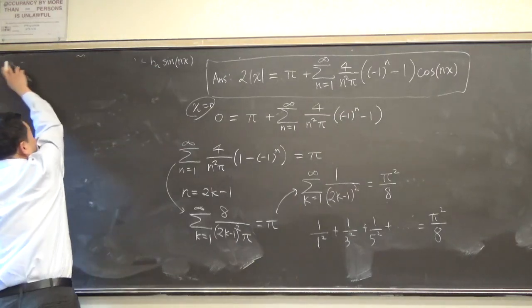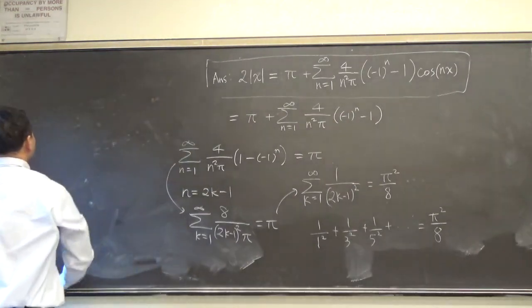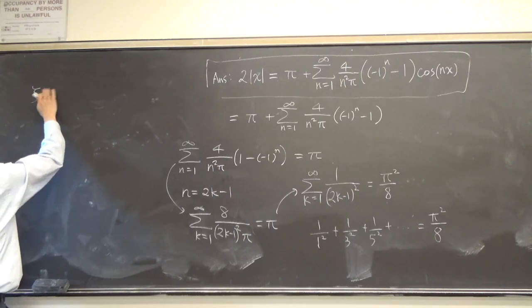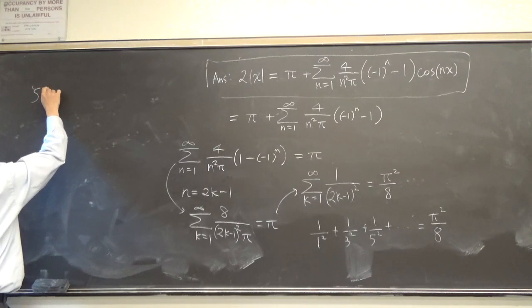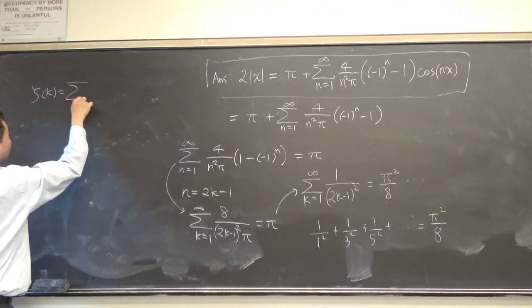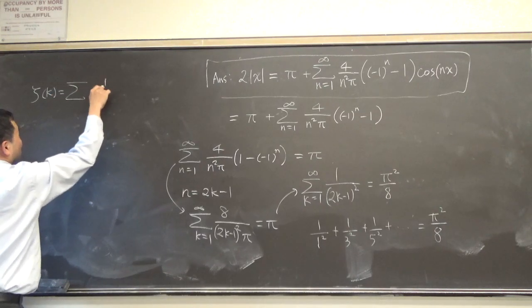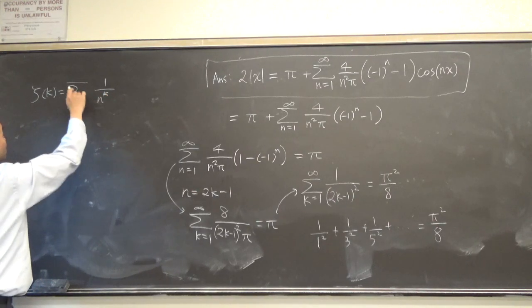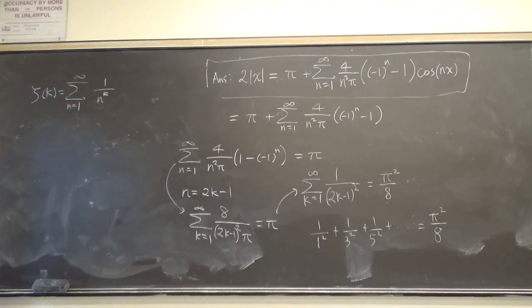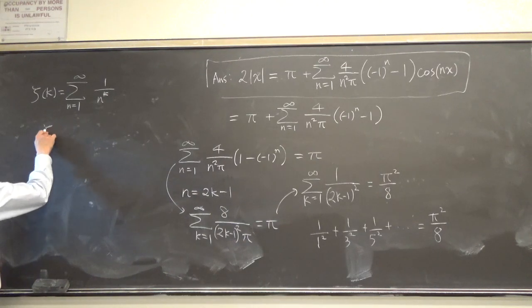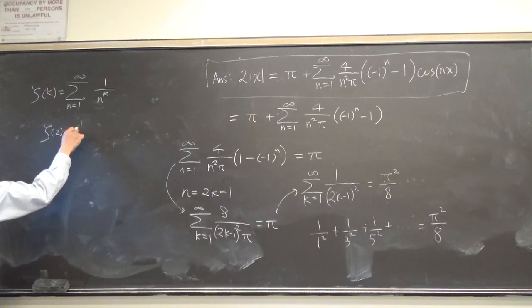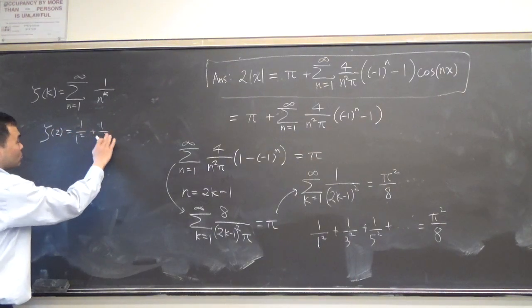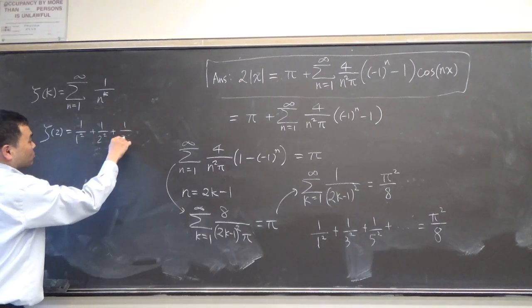there's something called a zeta function, where zeta of k is equal to the summation of 1 over n to the kth power, n from 1 through infinity. That's called the Riemann zeta function. Zeta 2 is 1 over 1 squared plus 1 over 2 squared plus 1 over 3 squared.